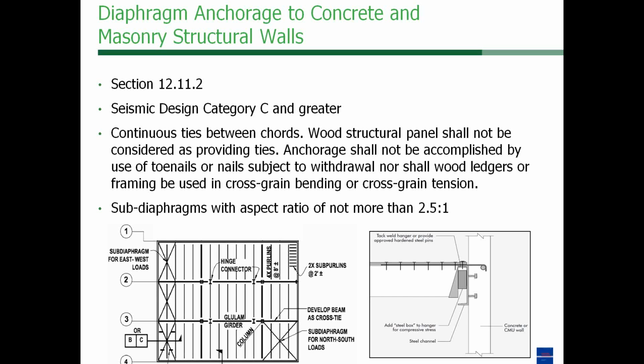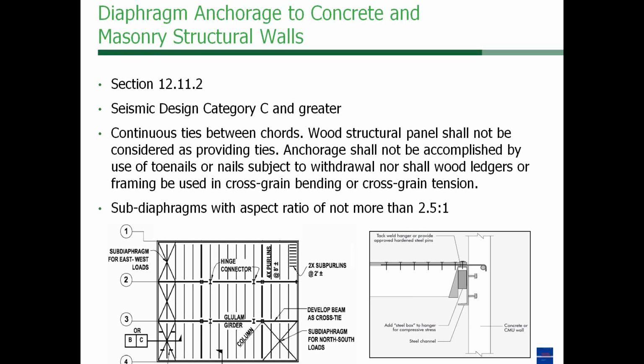This strap goes directly from the concrete or masonry structural wall into the wood framing. The older detail that was shown was problematic because with sheathing attached directly to the wood ledger, we'd get cross-grain bending, and that led to some failures that we saw in some seismic events.